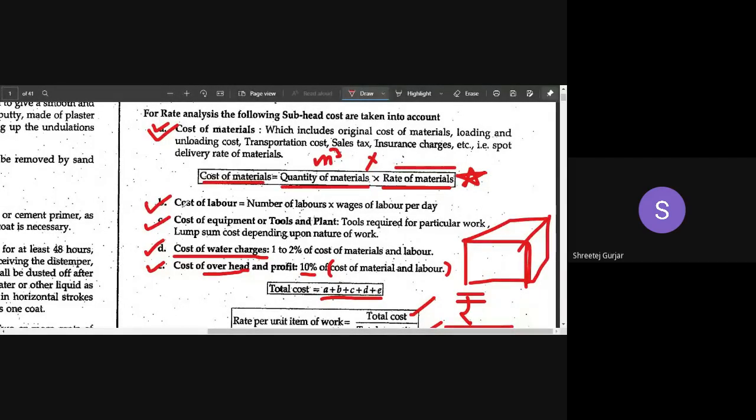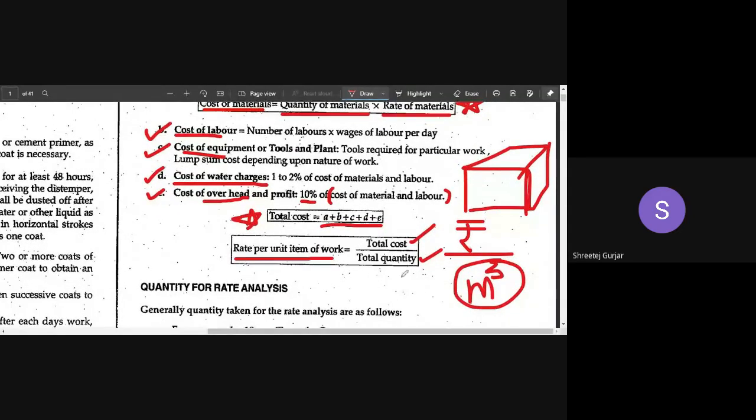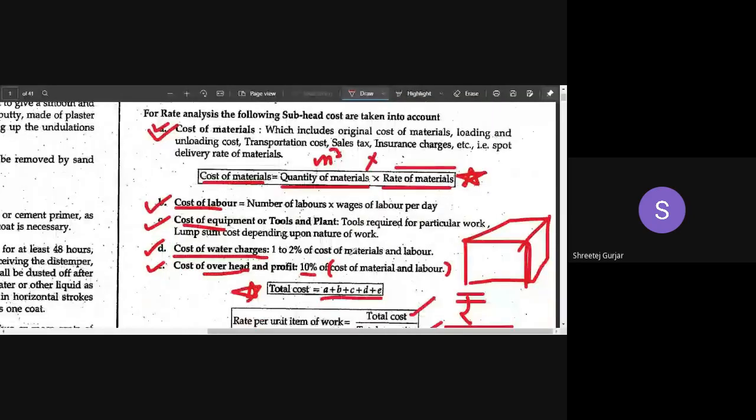So cost of material, cost of labor, cost of equipment, tools and plants, cost of water charges, and profit and overhead. We need to include all of this to get the total cost. Then once you get the total cost, divide by the total quantity, and you will get the rate per item of work.